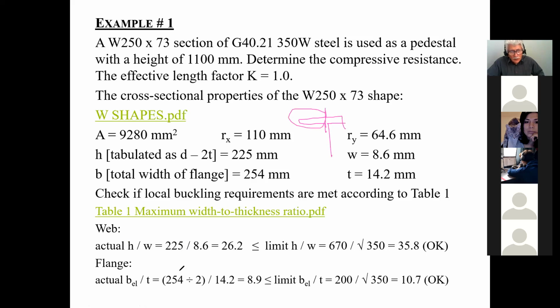So B over 2 will give you what they call the BEL, the B of the element, that's why they put EL here. And of course, T always represents the thickness of the flange. And this here is 8.9, less than 10.7. That's okay. In this case, you got 26.2, less than 35.5. So I meet the requirements of Table 1. That means I'm allowed to use that formula.